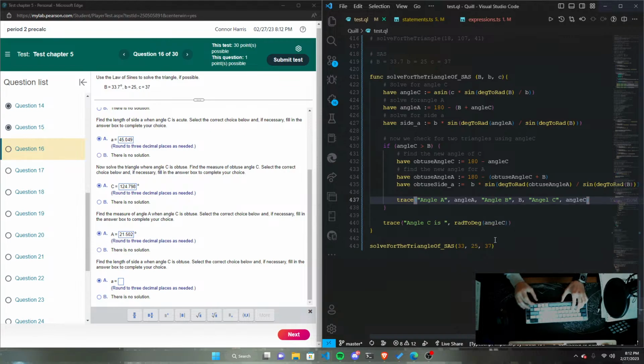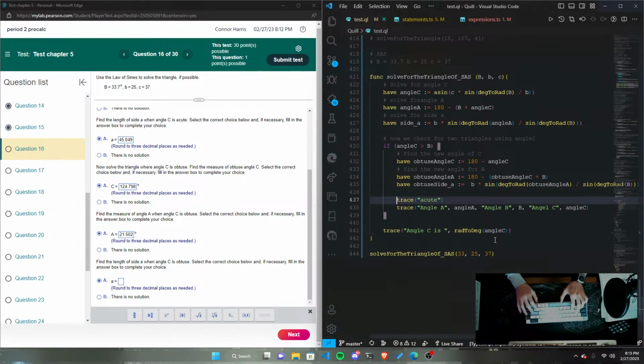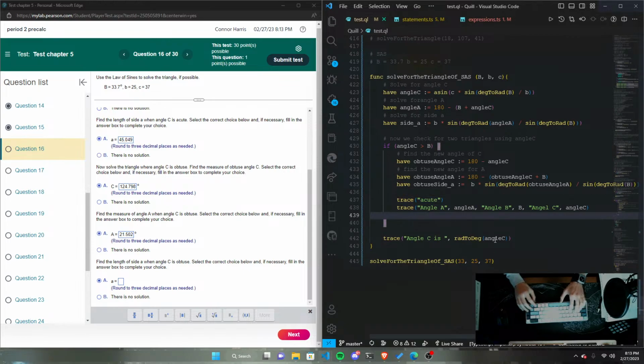And this is for the acute. So we'll have a function saying trace acute. And we want to trace out the side.